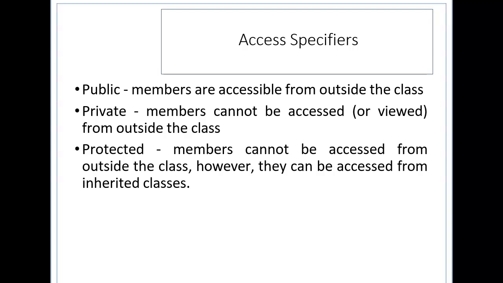So it decides control, scope and visibility. The first one is public. In case of public, members are accessible from outside the class. So members can be accessed from anywhere, whether it is inside the class, outside the class or in any other package or module.